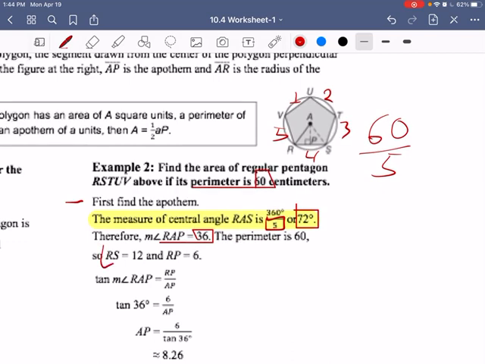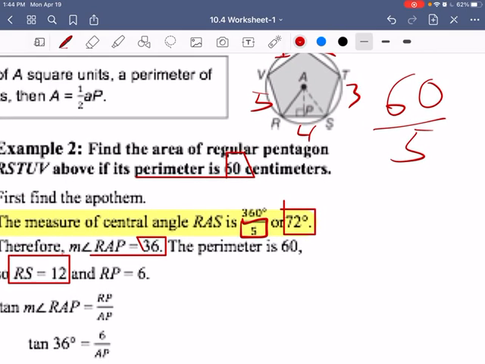So that's how we found that RS was 12. And we know that our P, just half of that distance right here, is 6.